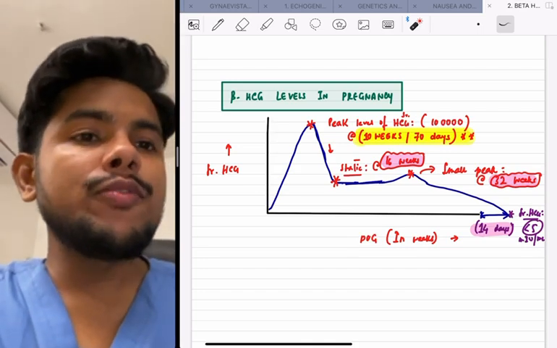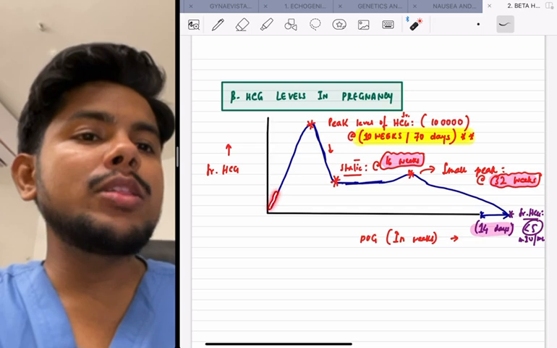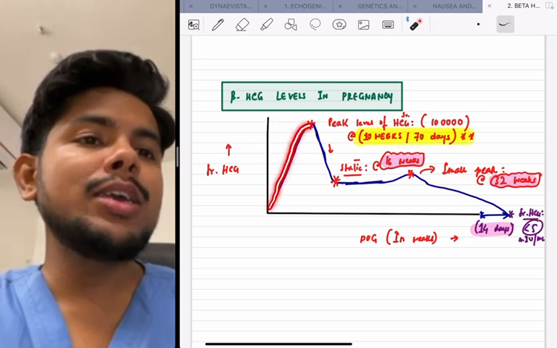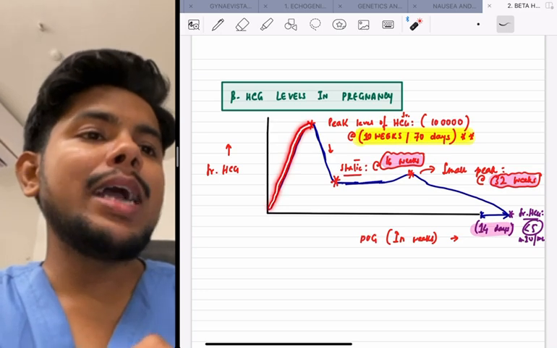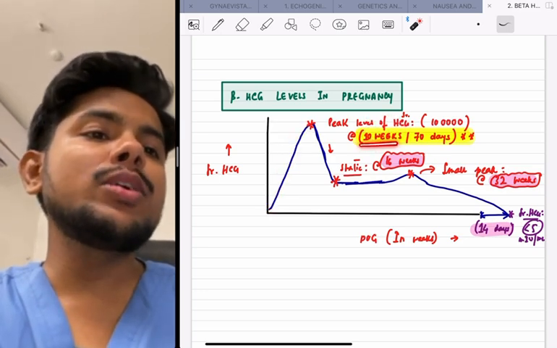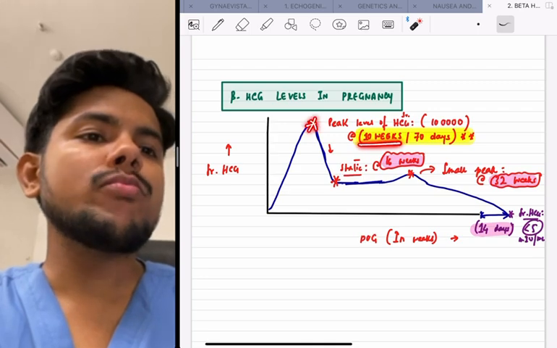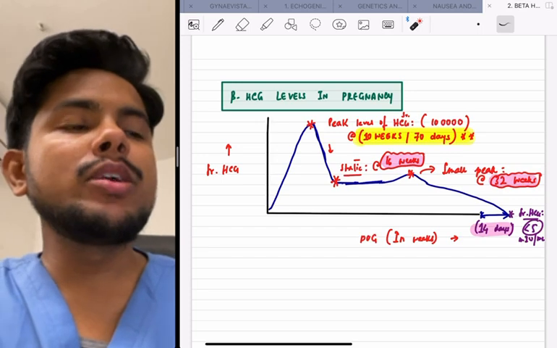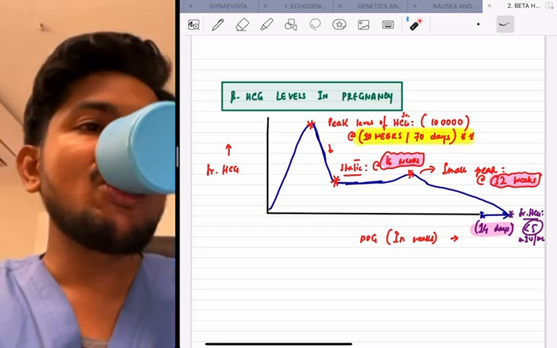Now if you see this graph, we can see that there is a sharp rise of hCG, and the hCG hits the peak level at 10 weeks. This is very important, 10 weeks. So at 10 weeks we have a peak.